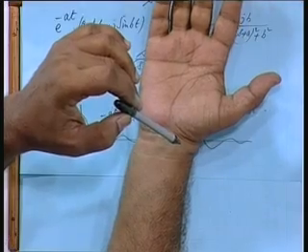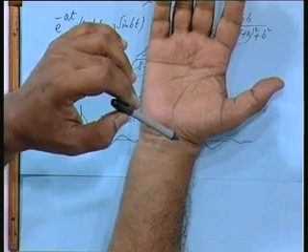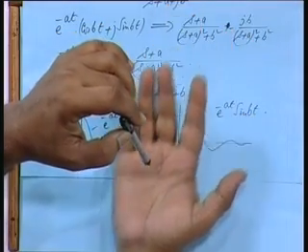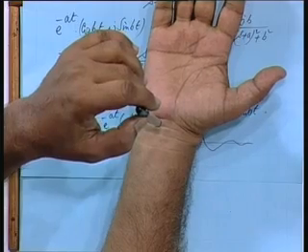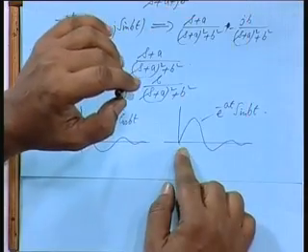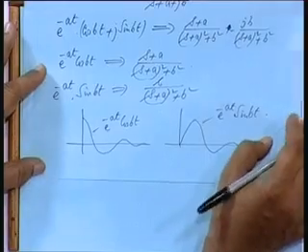If you start your camera when it is in the maximum position, then it will be a cosine function. You move the paper, it will be describing this. If you start from the central position, then it will be this one. So both are basically representing a damped sinusoid. So today we will stop here, we will continue with this in the next class.